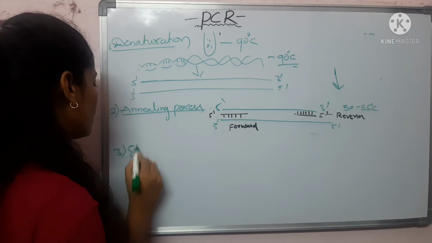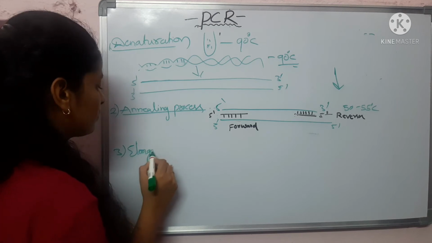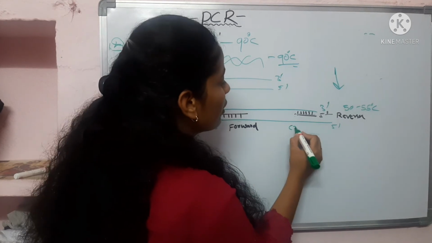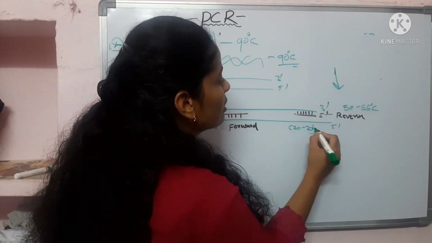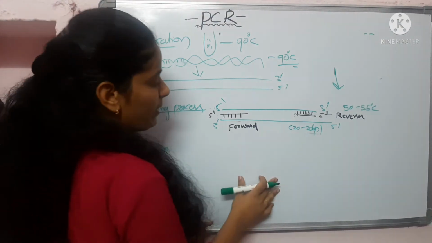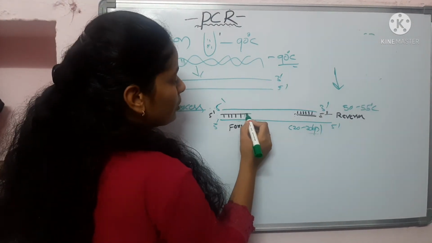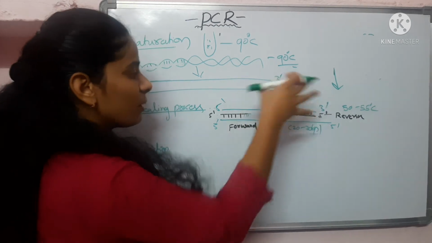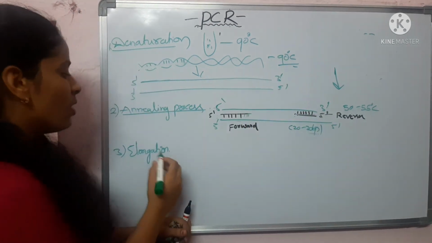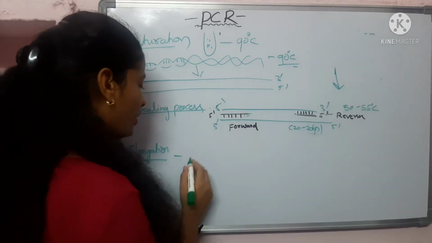The next step is elongation. One more point is that the primers are only 20 to 30 base pairs. Up to these 20 to 30 base pairs, the primer forms a complementary sequence on the DNA template. In the elongation step, what happens?